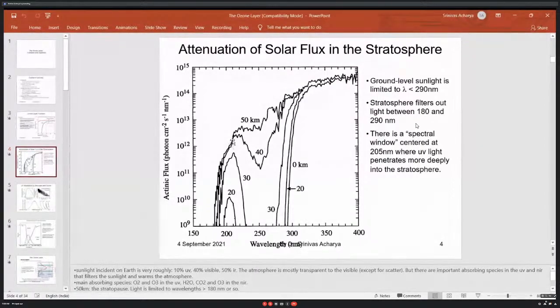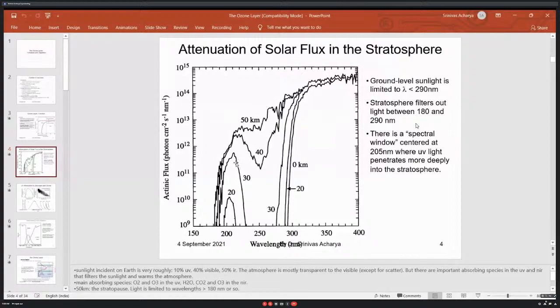And then you can see that due to the absorbance of the ozone layer, we have an atmospheric window: below the height of 50 kilometers, you can't see all these radiations due to the presence of the ozone layer.